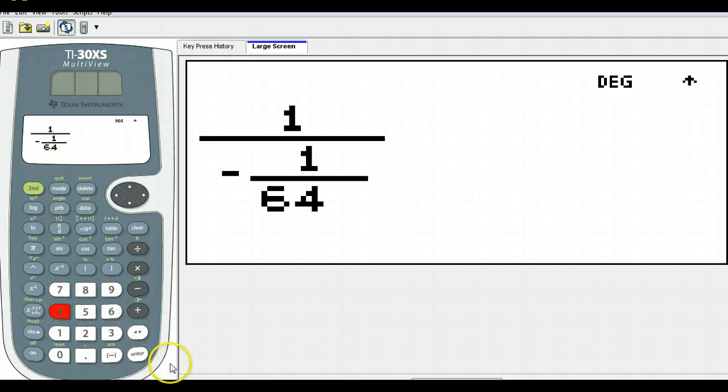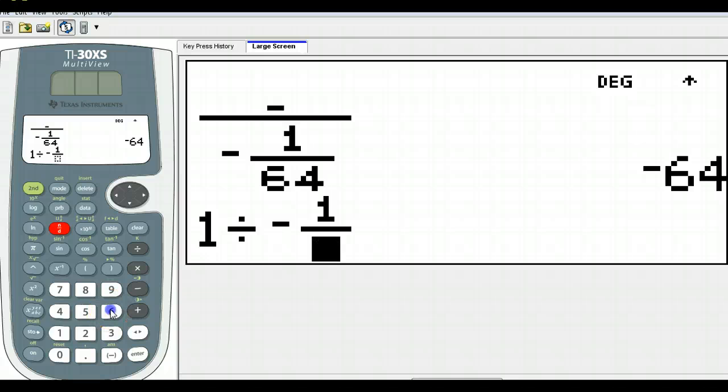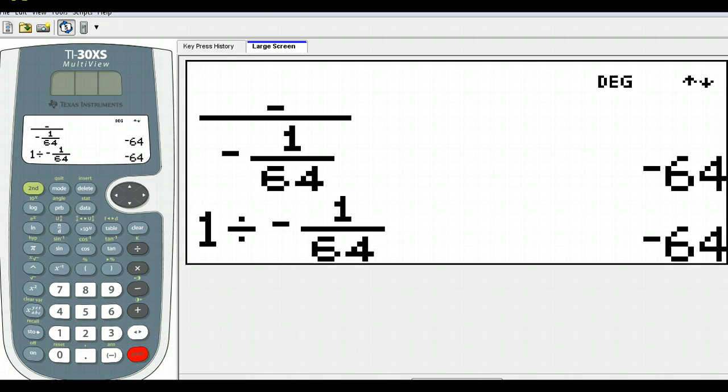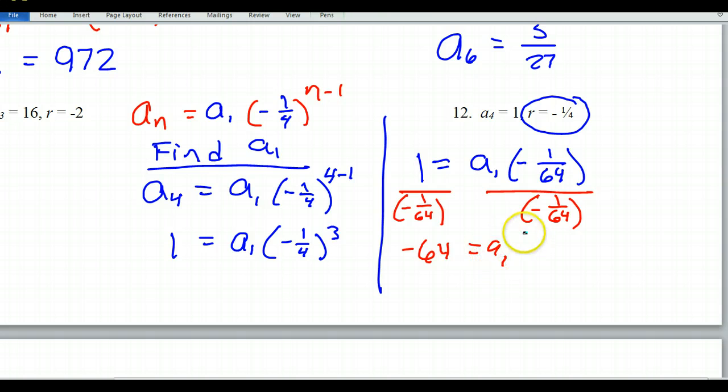I can type it in just the way it is. That gives me negative 64. Or I could have done 1 divided by negative 1 over 64. Either way you're going to get negative 64. So we have negative 64 is equal to A1.